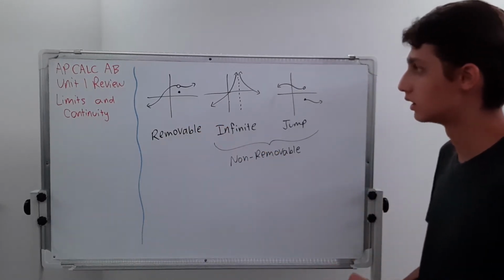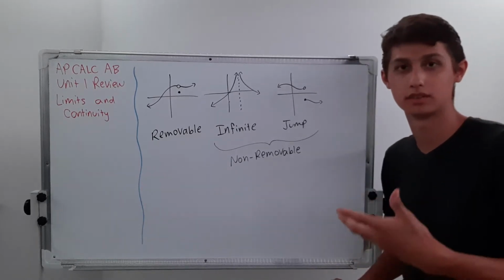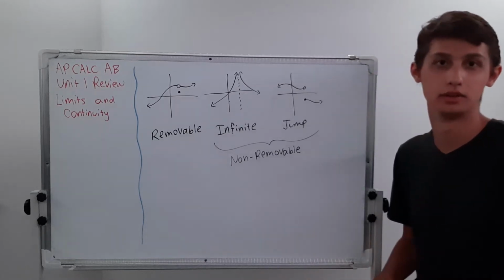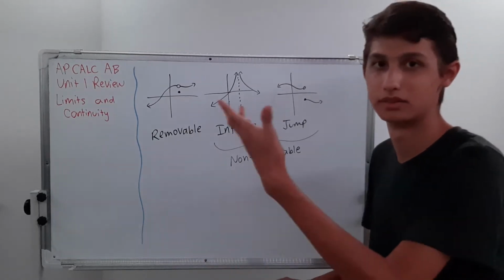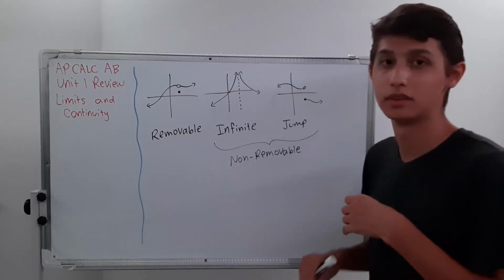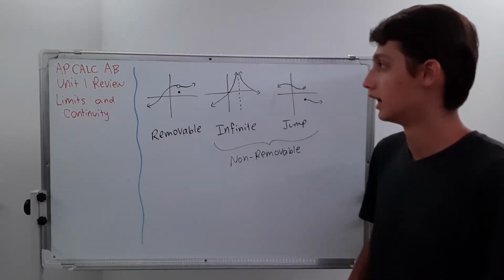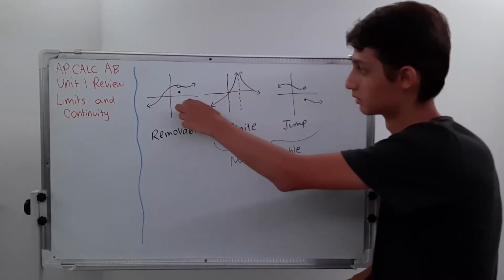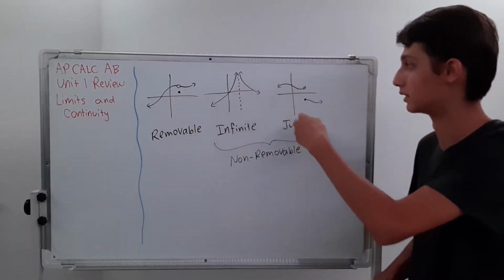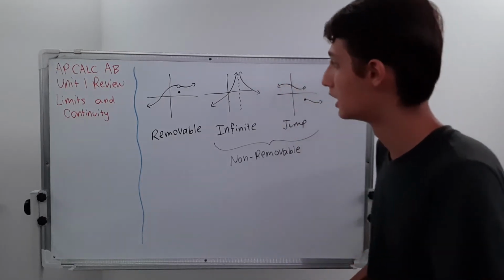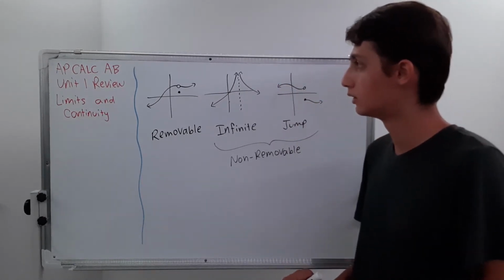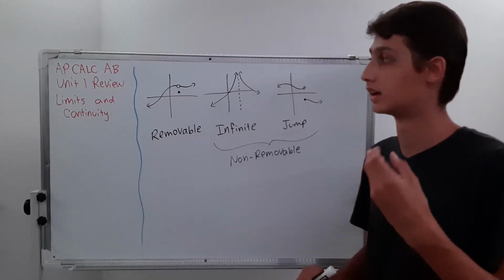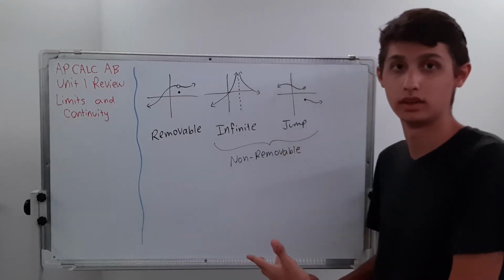So this is the beginning of our discussion to do with continuity, and discontinuity for that matter. Continuity is pretty easy. It's just, is your function continuous everywhere? Here we're talking about discontinuity, and I could label this x equals 3, x equals 2, x equals 5. It could be anywhere. It doesn't really matter. When we're talking about if a function is continuous or not, we're typically saying, is it continuous at a certain point?